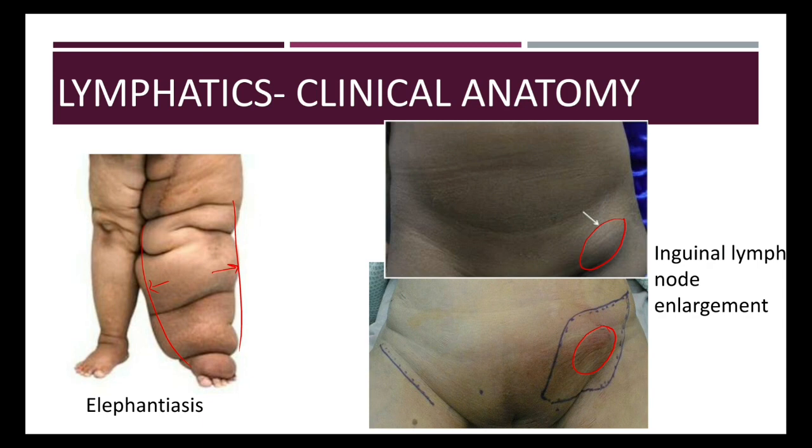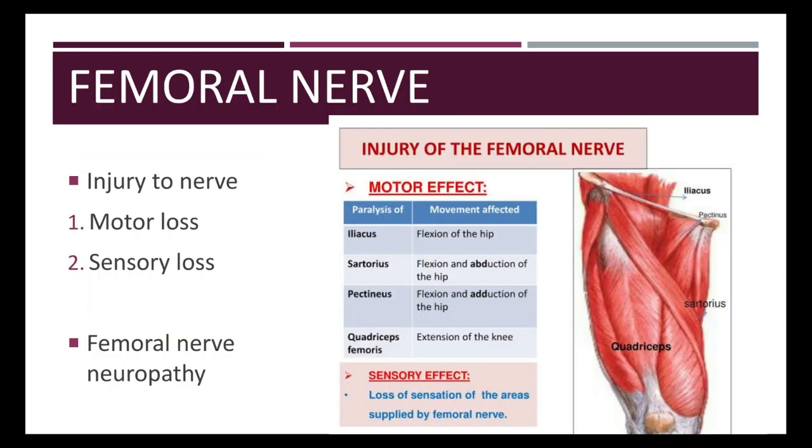Now we are going to see the clinical aspects of the innervation of the lower limb. So first is femoral nerve. Injury to the femoral nerve. It is rare but may be injured by a stab, gunshot wounds or a pelvis fracture. Clinical features. First we will see the motor loss. Weak flexion of the thigh due to paralysis of iliacus and sartorius.